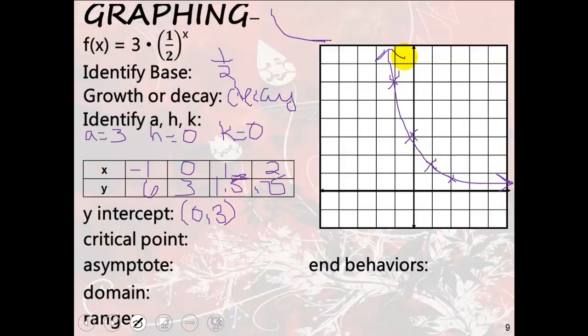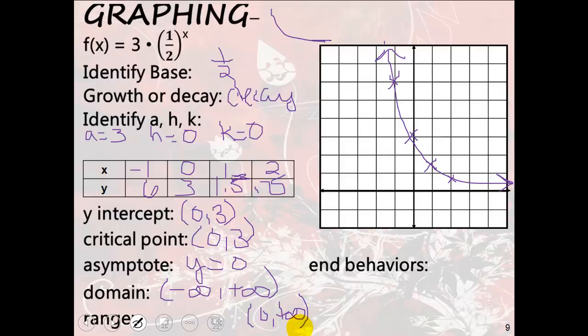So my critical point is going to be the exact same as my y-intercept because I'm not shifted. Okay? My asymptote, k is equal to 0, so y is equal to 0. My domain is always -infinity to +infinity. And my range is going to go from 0 to +infinity.